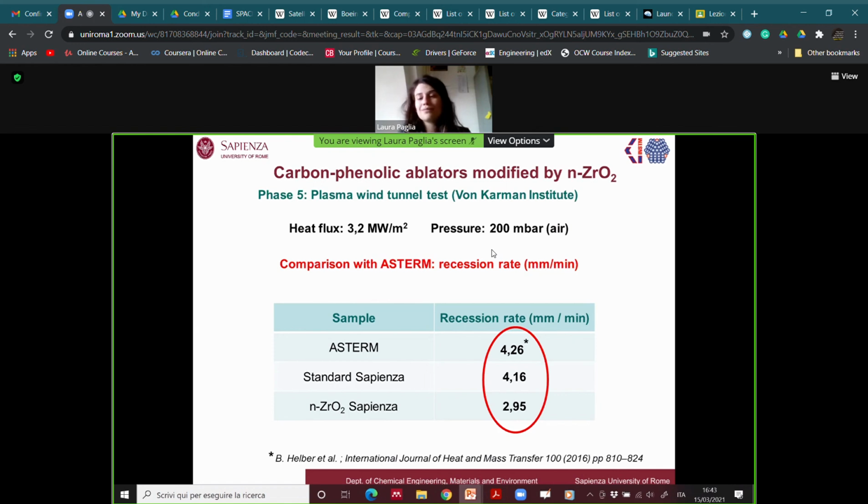So we think that this could be a good result, and this result could also be a good idea because we understood that enriching the carbon phenolic ablator with nanoparticles could be a successful strategy.